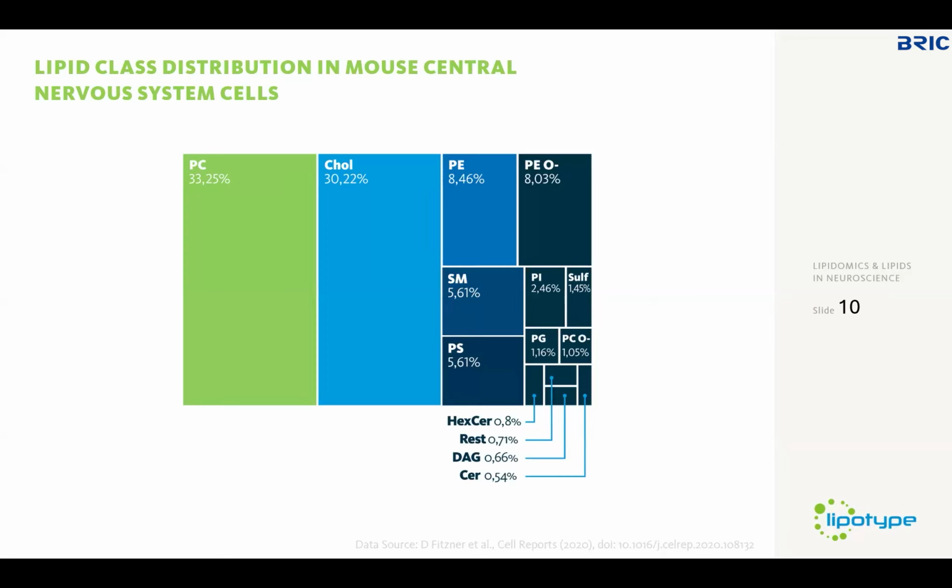Overall, 23 lipid classes were analyzed and quantified, and they comprised around 750 individual lipid species. Out of 23, 13 lipid classes comprised more than 99% of all quantified lipids. Phosphatidylcholine and cholesterol were the most abundant lipid classes in all 4 sample types.